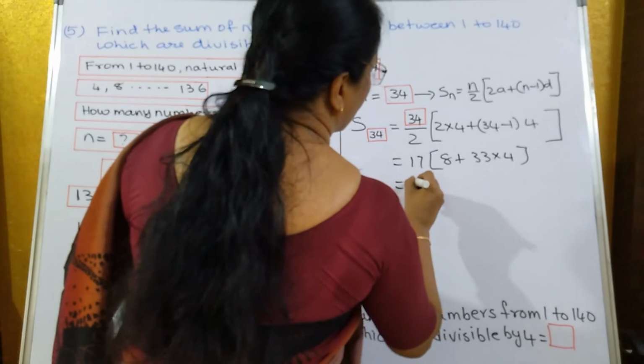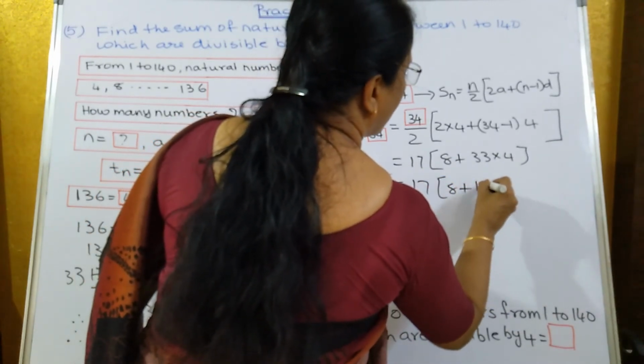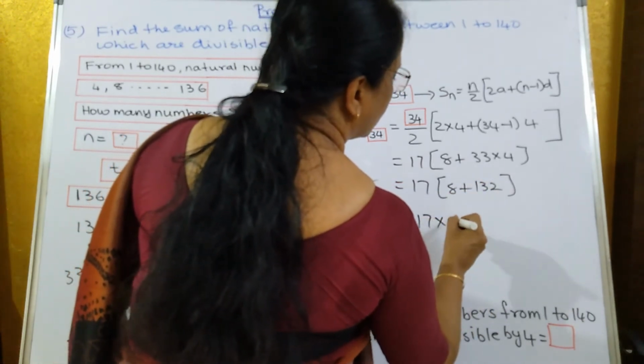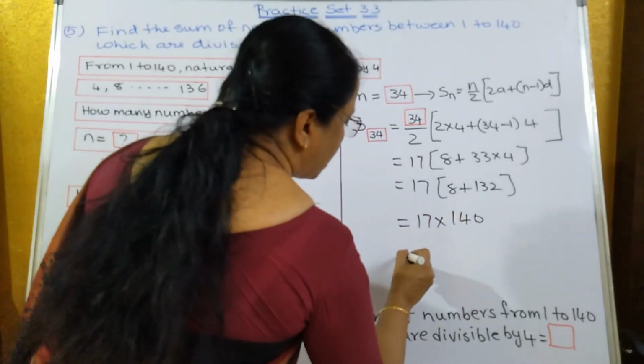That is equal to 17 into 8 plus 132, which is 17 into 140. Now when you multiply 17 by 140, what do you get?